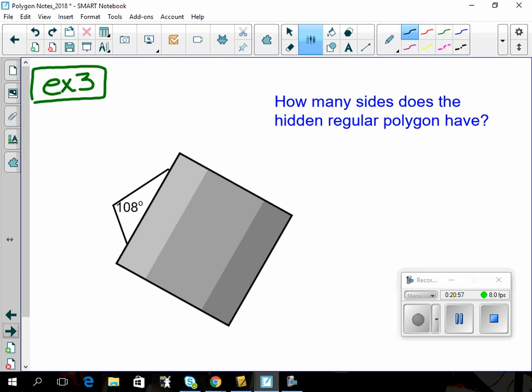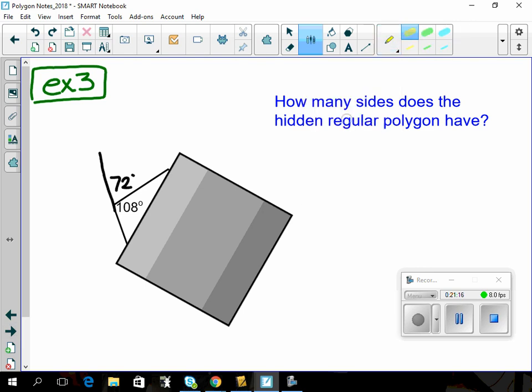Let's go ahead and just draw it. Let's find the outside angle. What is it? Which is what? That's right. 72. Perfect. Good. Why do I want the exterior angle?